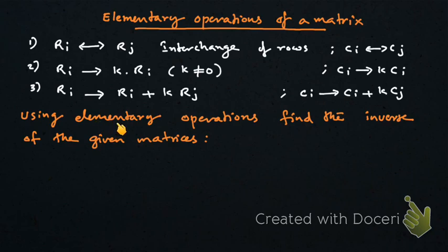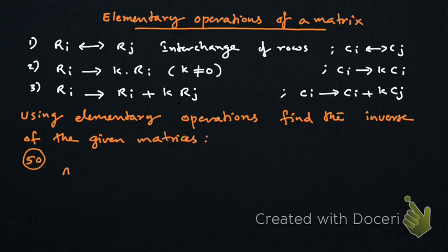They could specify, using elementary row operations, find the inverse of the given matrix, or using elementary column operations. If nothing is mentioned, like in this case, I prefer doing elementary operations on rows. So I'm going to do it by elementary row operations. If I have to do it on columns, it is the same thing. You just follow these rules. We are going to focus only on elementary row operations.